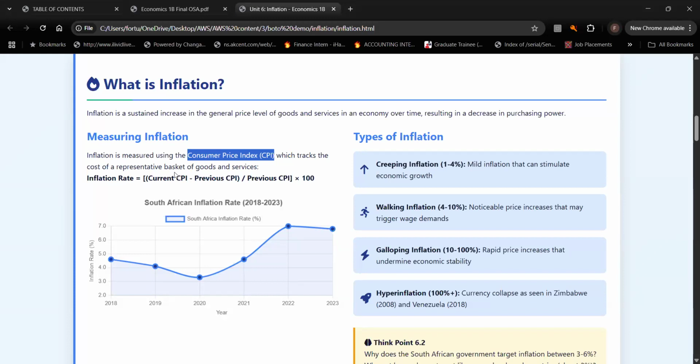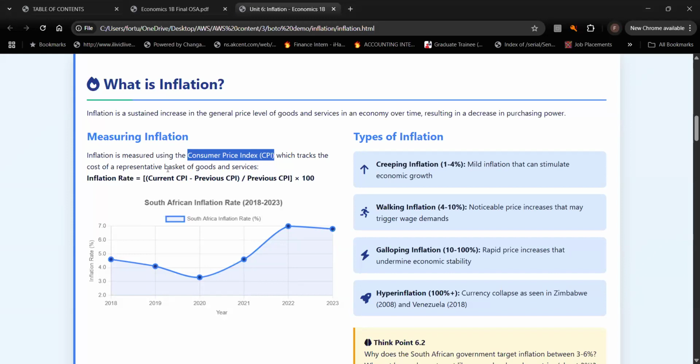So for instance, they can look at the price of data, track the price of fuel, track the price of bread, take rental prices, etc. They combine all of these products and give them various weightings in terms of their importance to this particular household. When they've allocated the weights, they then use those weights to calculate the CPI for that particular year.